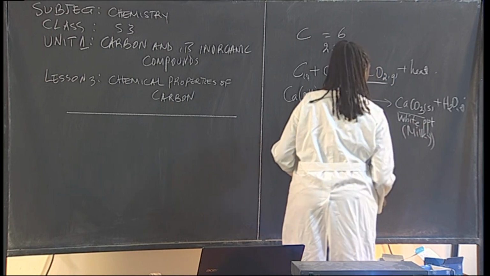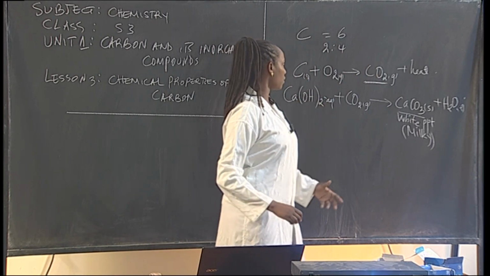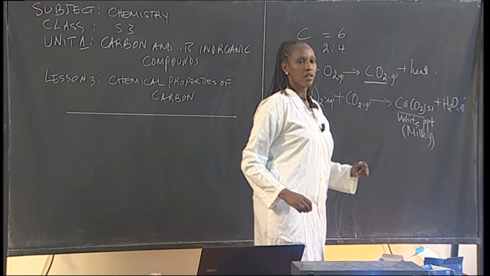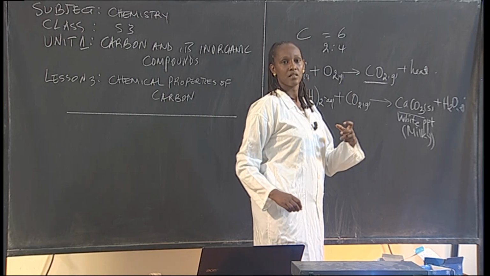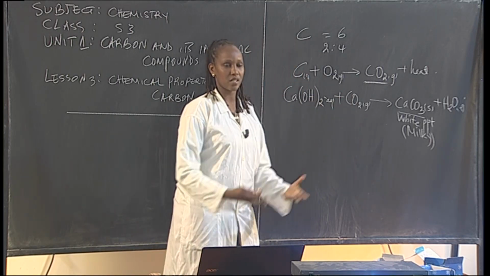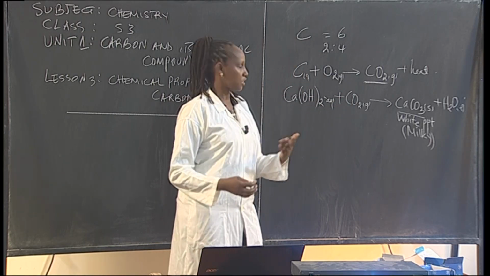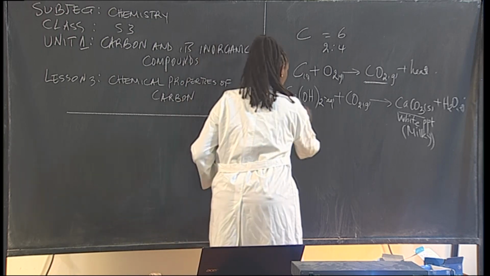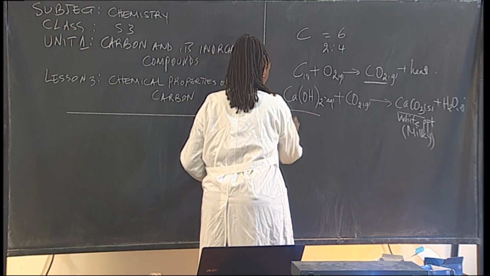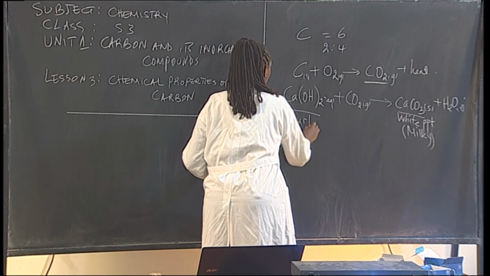The formation of calcium carbonate confirms it when you react and you see there is a white precipitate. Normally calcium hydroxide is colorless.